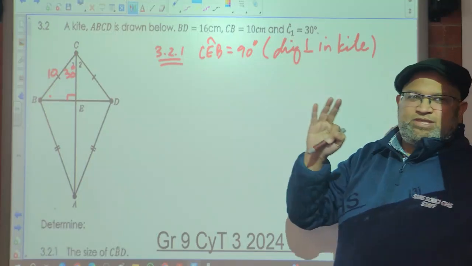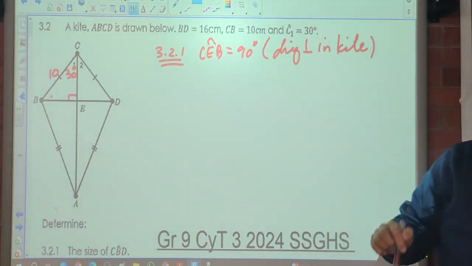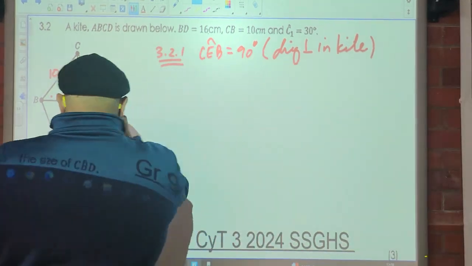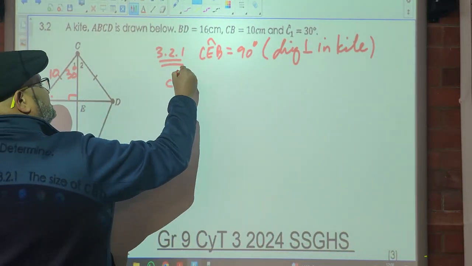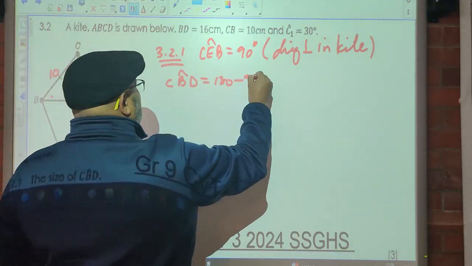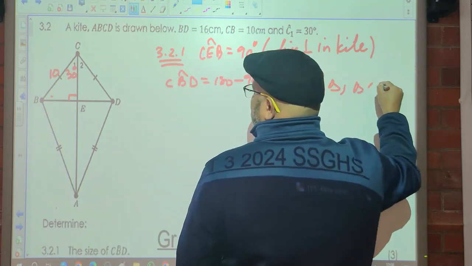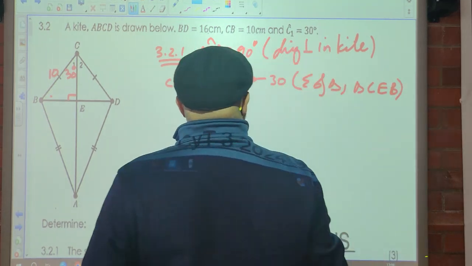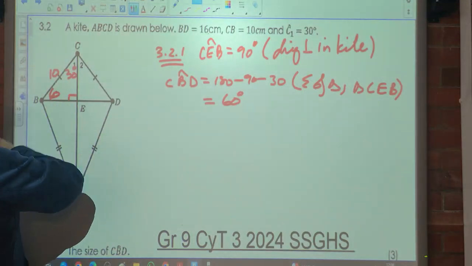You have three shapes here where this is the case: a kite, rhombus, square. Yeah? So then, of course, CBD is equal to 180 minus 90 minus 30. Why? Sum of angles of a triangle, and it's triangle CEB, which gives you an answer of 60 degrees. Okay.